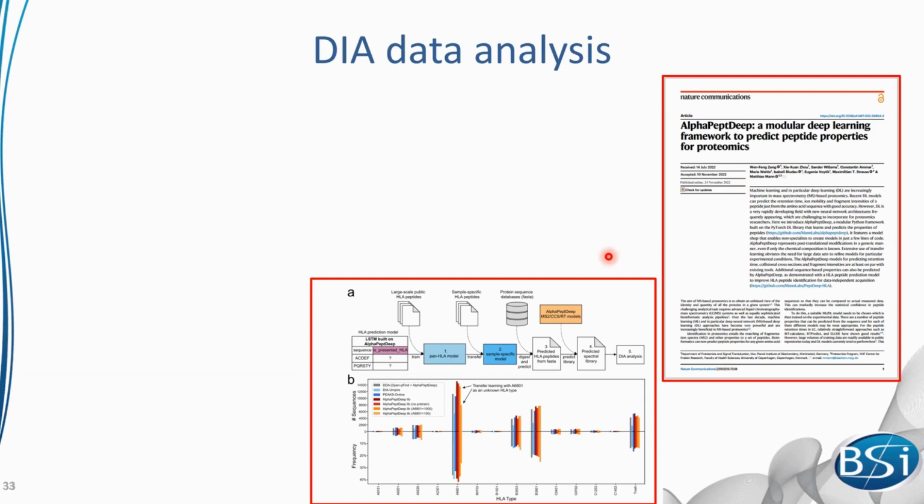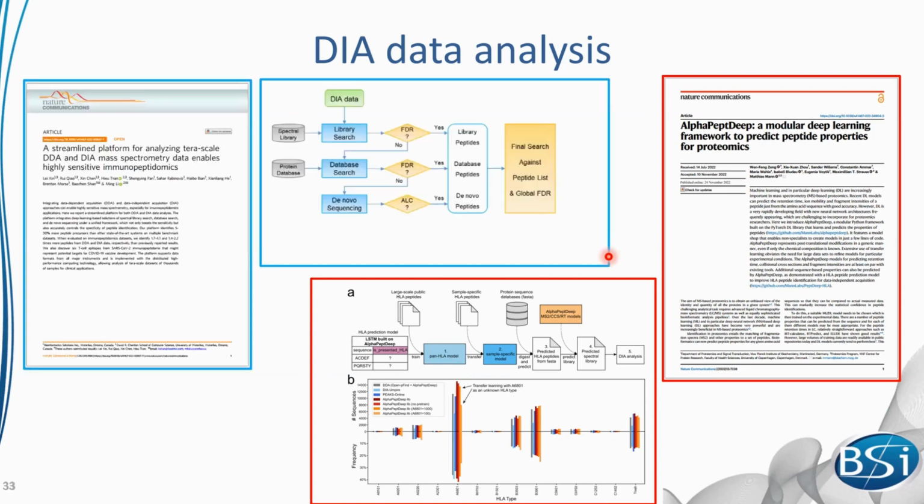Also last year, our BSI published a paper reporting our streamlined DIA workflow. In the DIA workflow, we use spectral library search, DB search, and DeepNovo search, to offer a complete workflow to analyze the DIA data. So we also processed the DIA data in this workflow to see if the result is comparable.